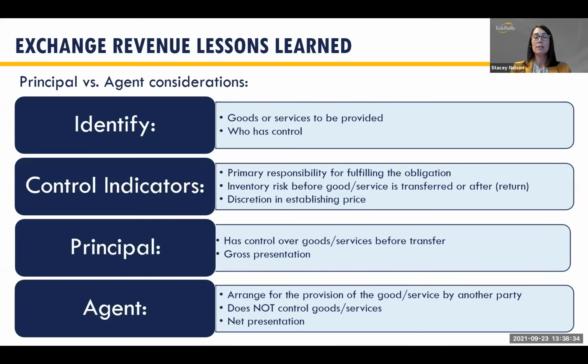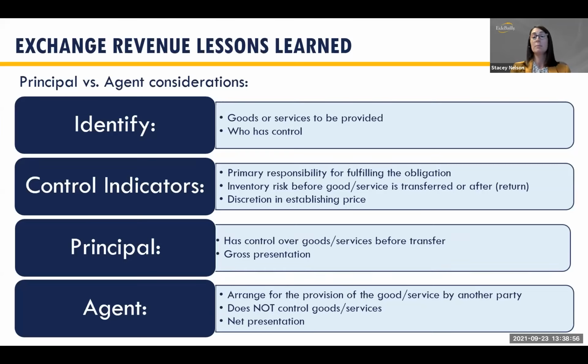An agent is maybe arranging for the provision of the goods or service by another party. So you are not controlling the goods and service, and agents are going to report their revenue at net presentation. If we take our same example, our Center for Arts, this time, let's say they are selling tickets to a customer for a performance put on by the local symphony.